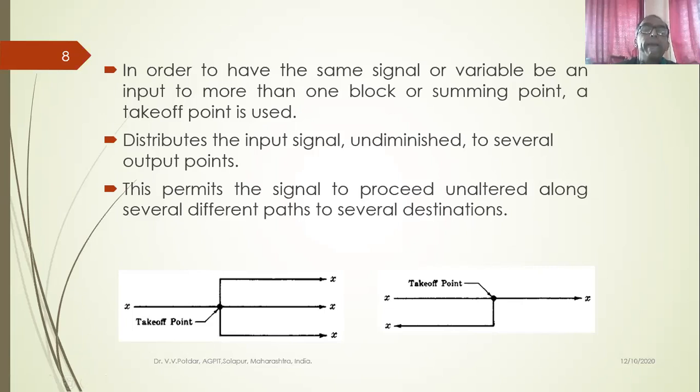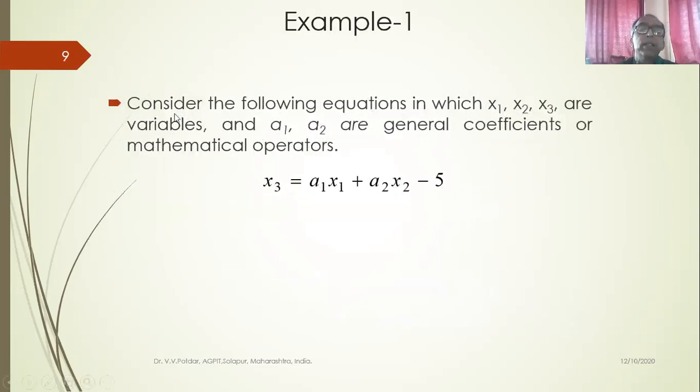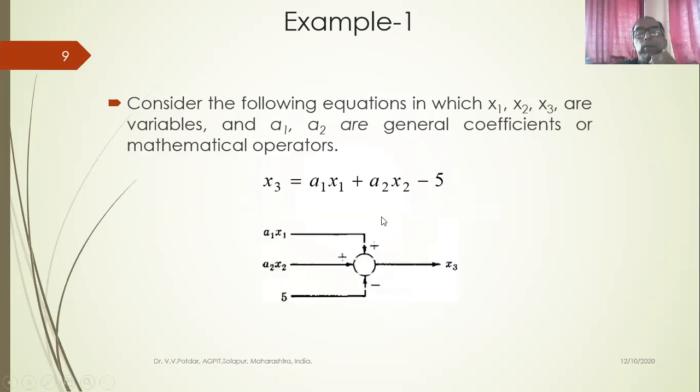Now let us take an example. Consider the following equations in which x1, x2, x3 are variables and a1, a2 are general coefficients or mathematical operations. My algebraic equation is x3 is equal to a1 x1 plus a2 x2 minus 5. Now how do I represent it by using block diagram concepts? I have a1 x1 as one branch, a2 x2 as another branch. These are added, so we call it a plus sign.